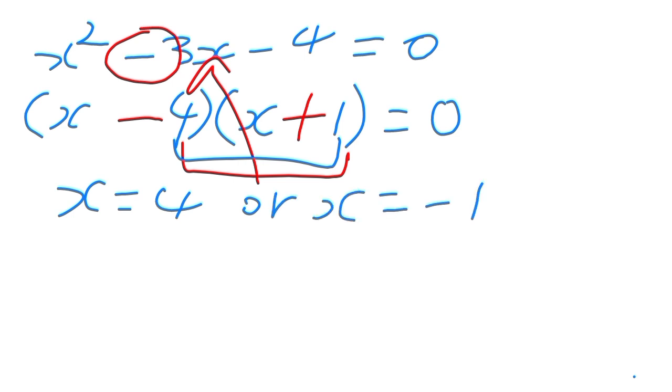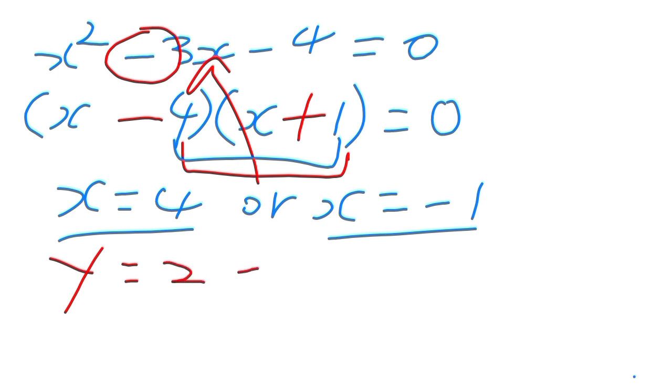So another thing, we have to find the values of y. So finding the value of y, we just substitute these answers that we have into our linear equation. So our linear equation, remember, is y equal to 2 minus x.